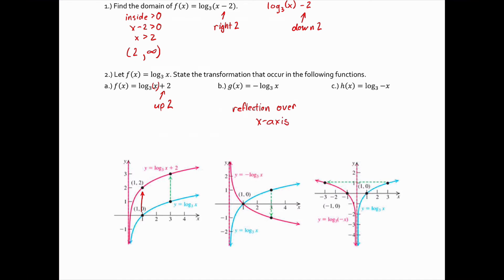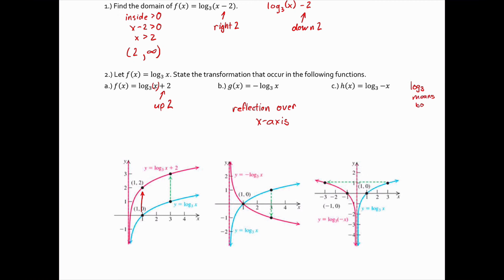In this last case, we're going to deal with h of x, where we have minus x inside. Again, be very careful. Remember, this is like a tree. You need all the parts. So this is important to note that log base 3 by itself means nothing.